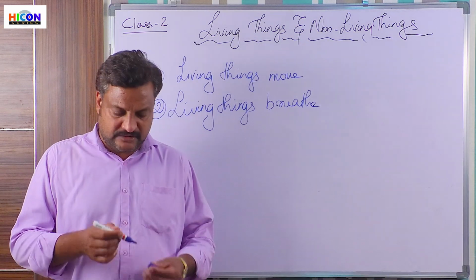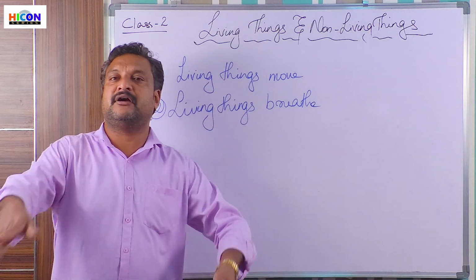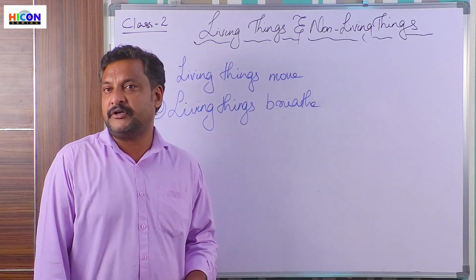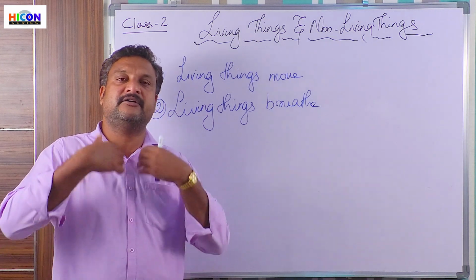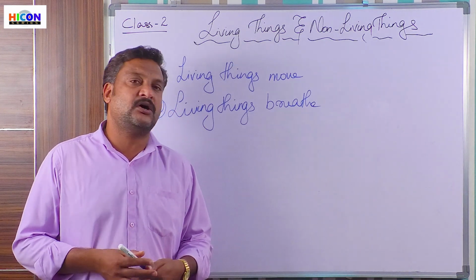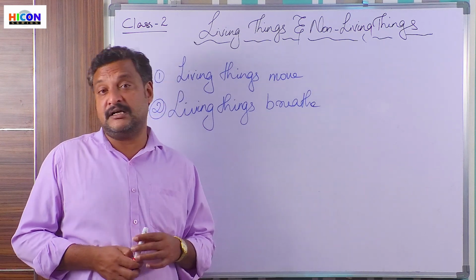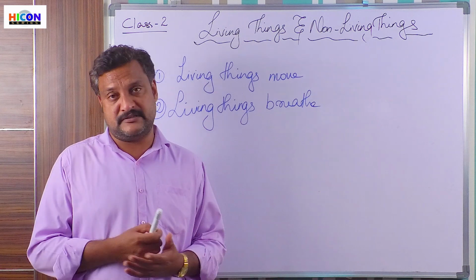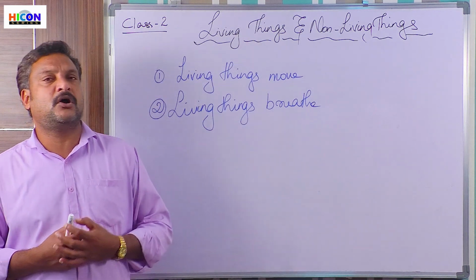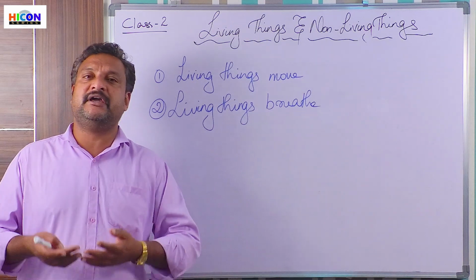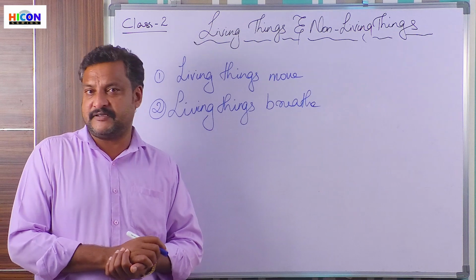We know breathing is a process of taking in the oxygen and giving out carbon dioxide. So the process of taking in oxygen and giving out carbon dioxide is called breathing, right? And this is done by all animals, we know. Animals especially have an organ called nose through which they take in the oxygen and leave out the carbon dioxide.